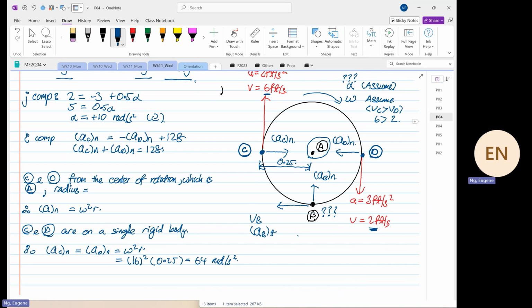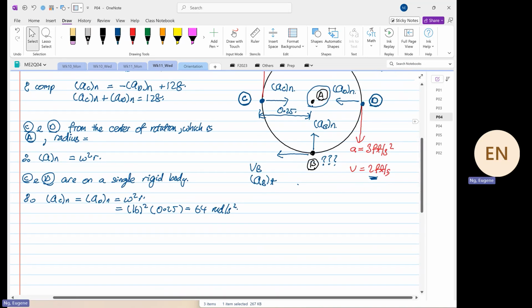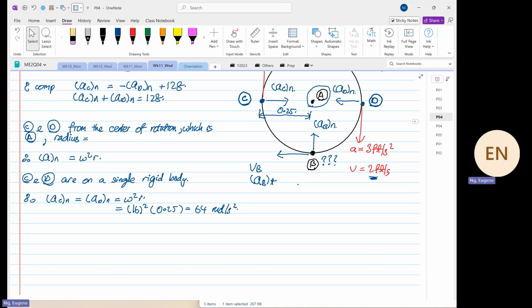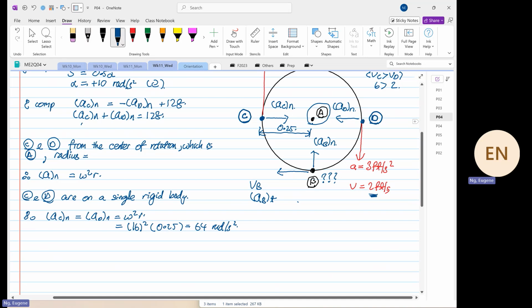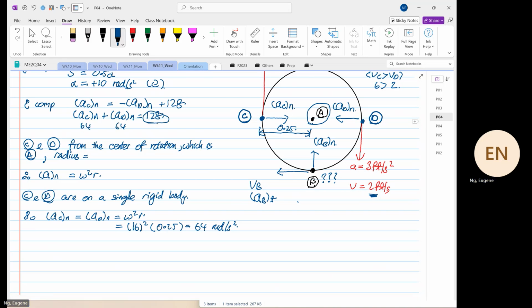So we know that. Now, if you look at this equation over here, this is 64, this is 64, it becomes 128.